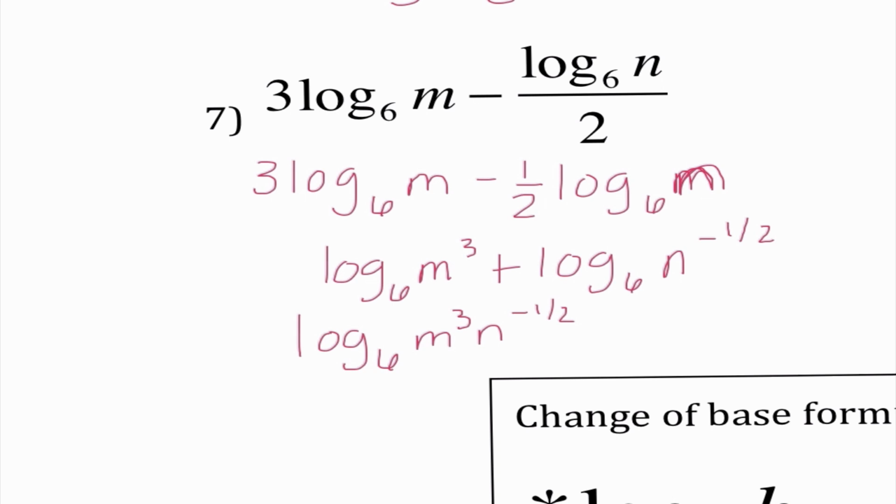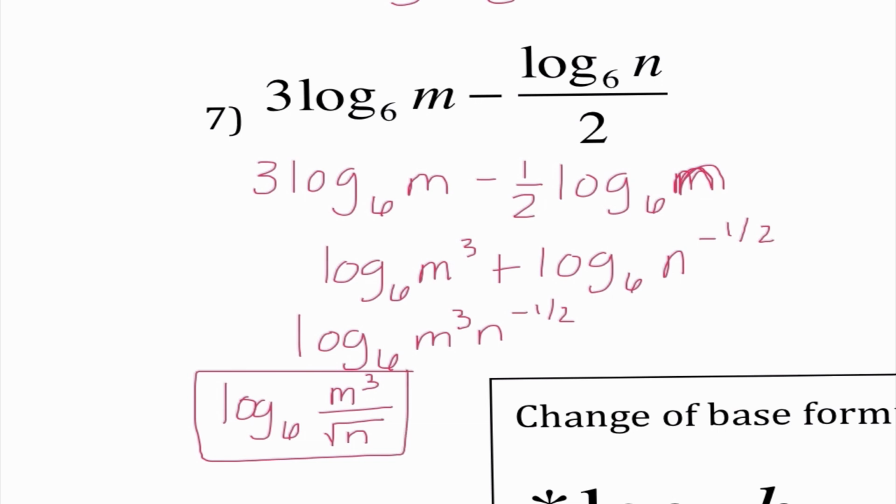We know we cannot have negative exponents, so it becomes log base 6 of m cubed over n to the 1/2, or over the square root of n. So I get the same answer either way, but I just want to point out that subtraction, if I go ahead and combine that with my coefficient, then I'm dealing with negative exponents that we'll just have to move around and change to make them positive.